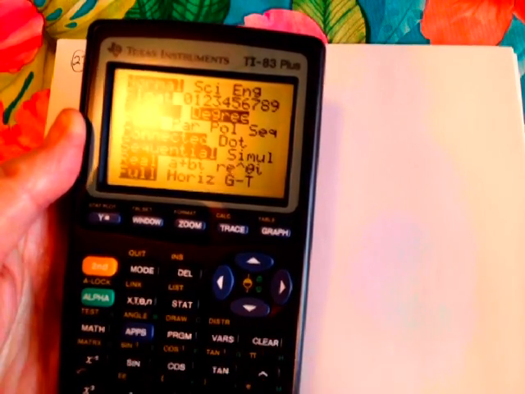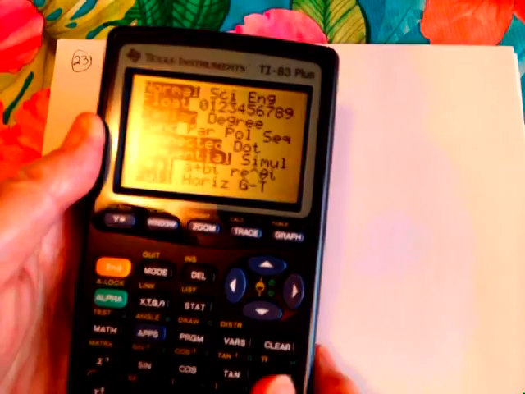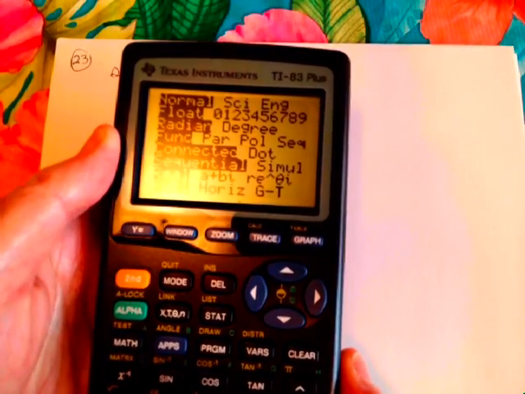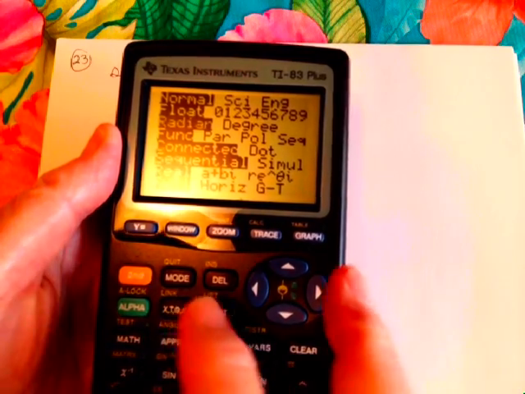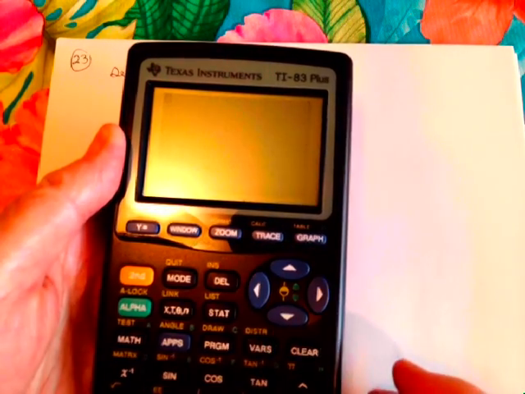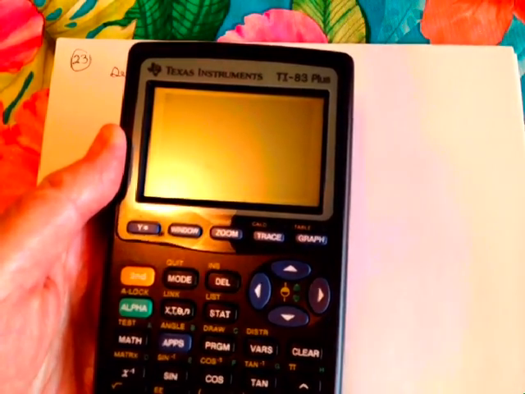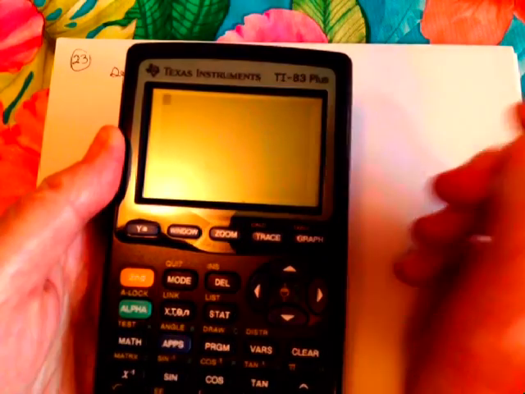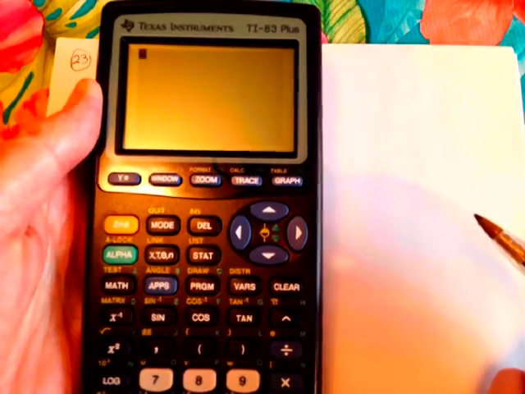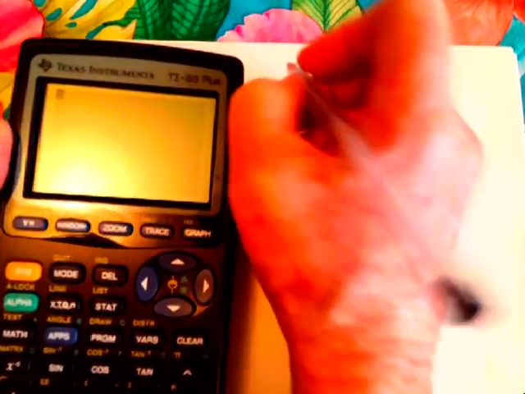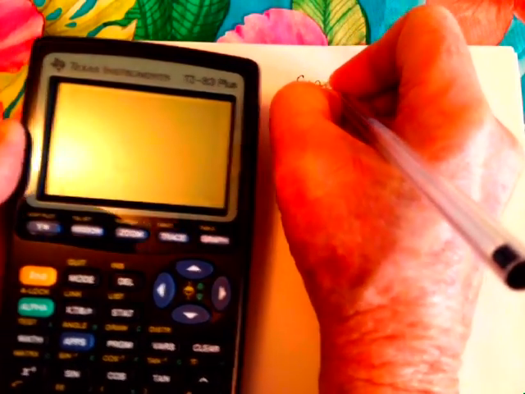Be sure that you have that calculator in radians. After you've changed it to radians, if it wasn't already there, do second quit. You've got to know the inverse function for secant because we don't have a secant key on this calculator. We know cosine is the inverse of secant.